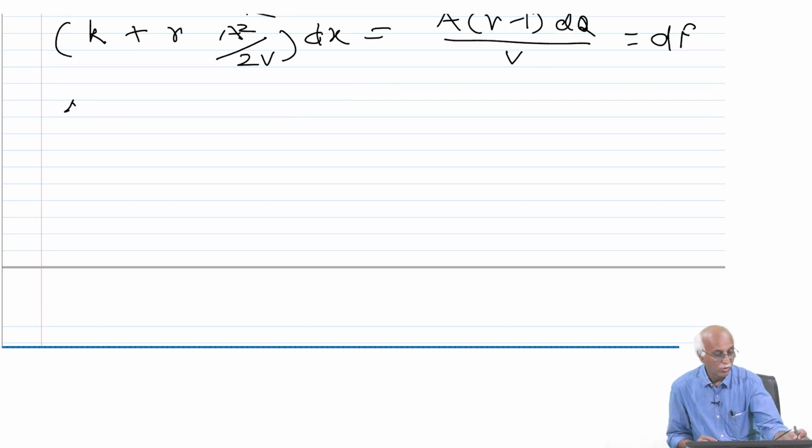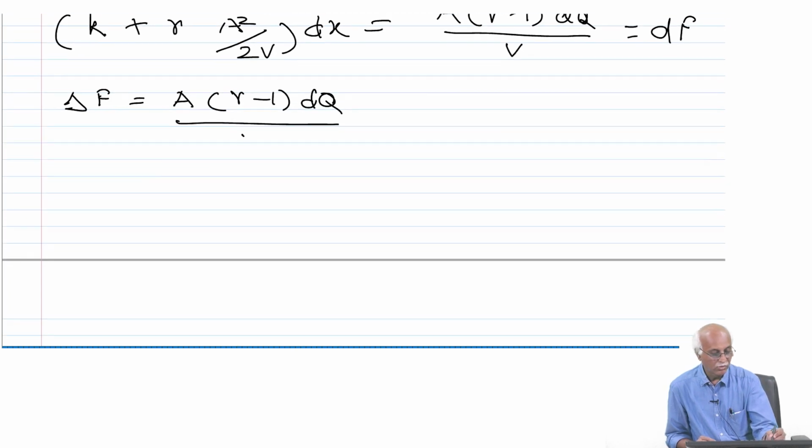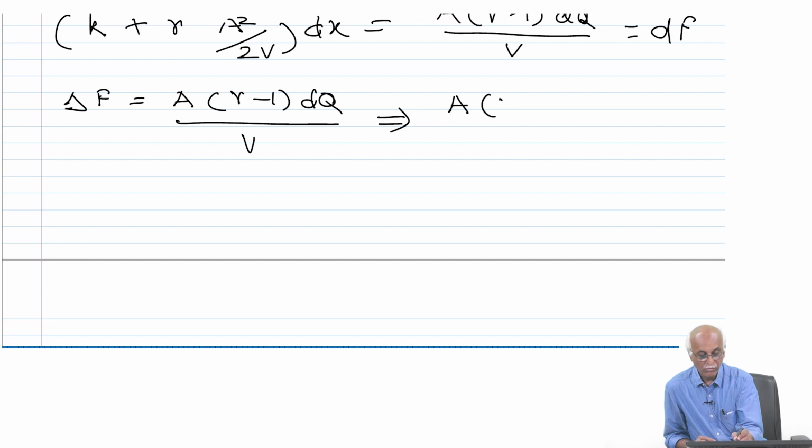So delta F is A into (gamma minus 1) dQ divided by V. Integrating over time, we can also estimate the force.